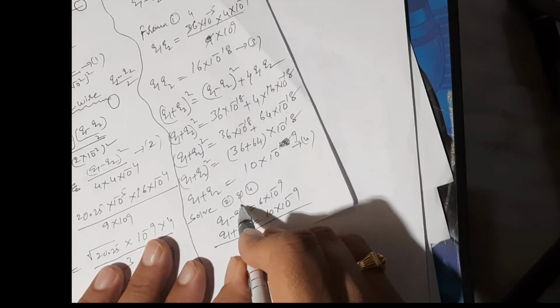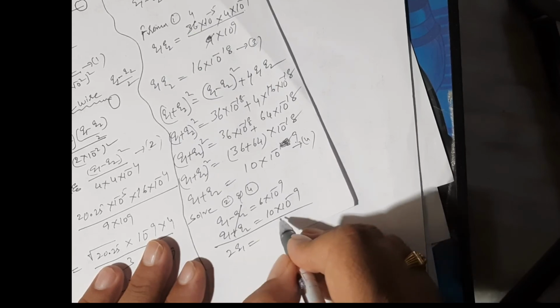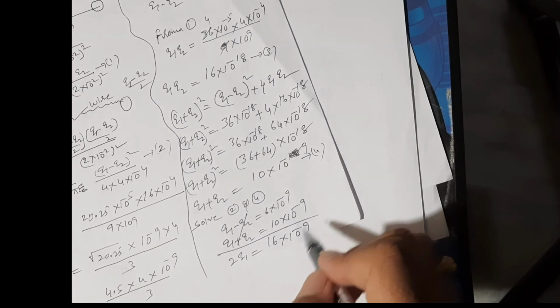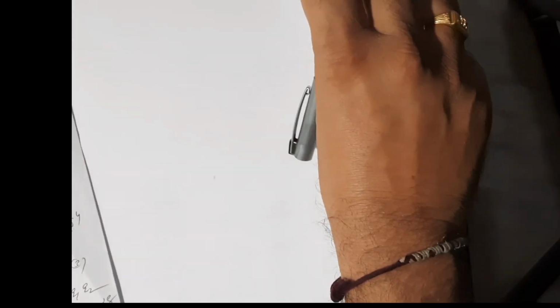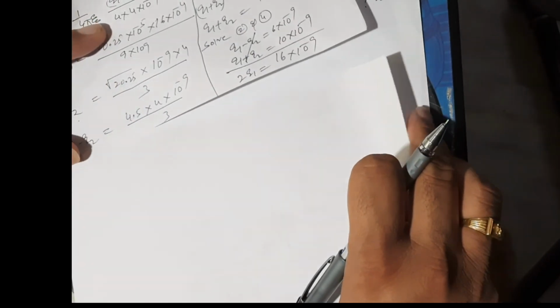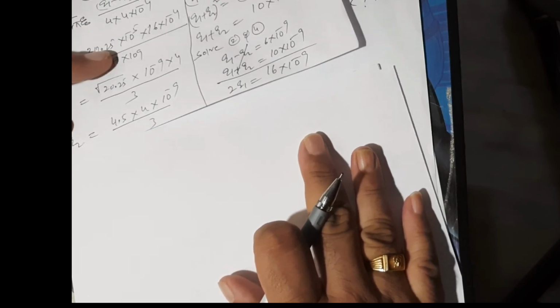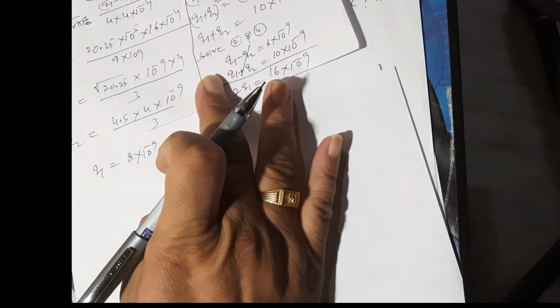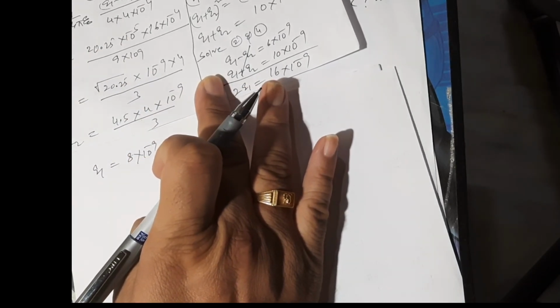So by adding these two equations, 2q1 is equal to 16 into 10 to the power of minus 9. That means q1 is equal to 8 into 10 to the power of minus 9 coulombs.